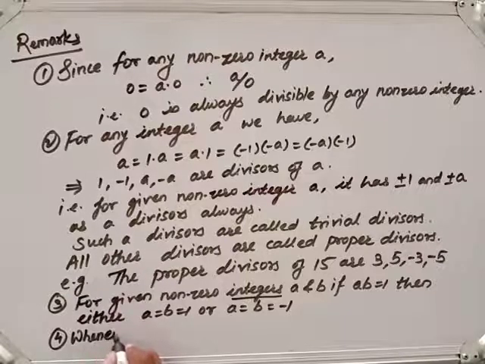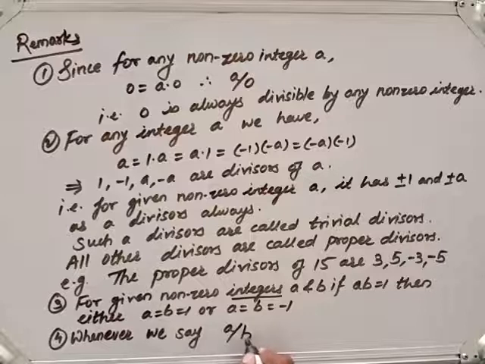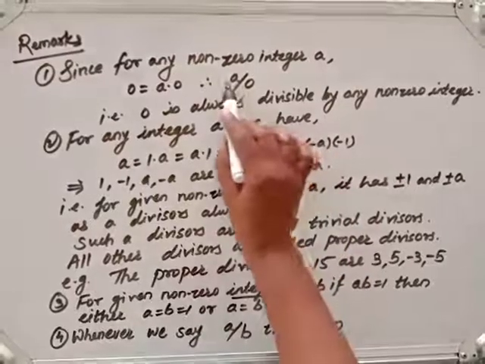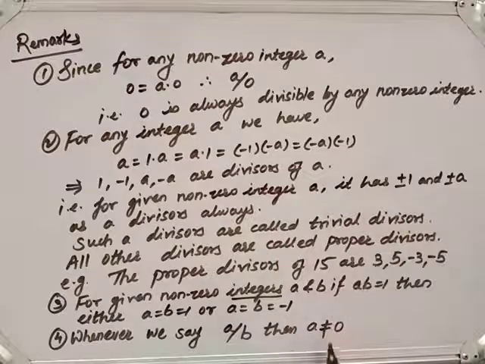The next one is that whenever we say a divides b, this a is always non-zero. Look, a divides 0, and every integer divides 0.